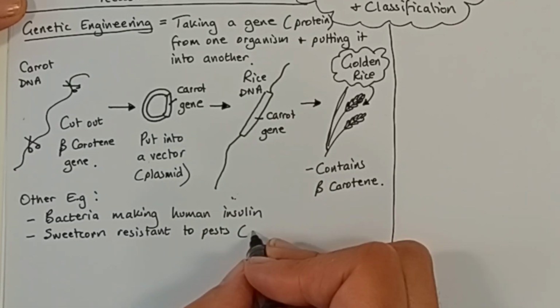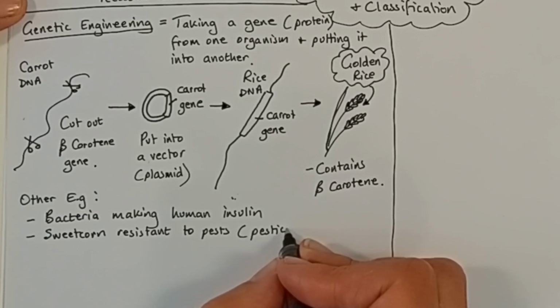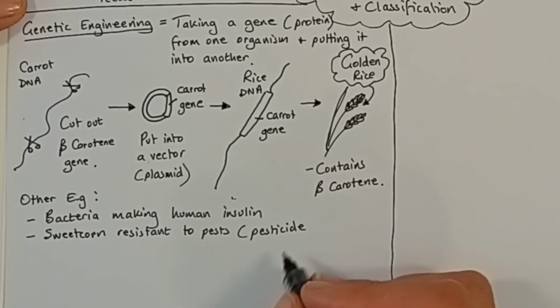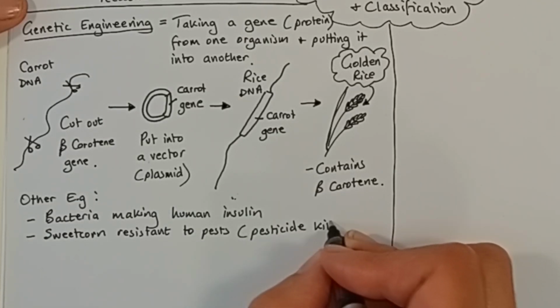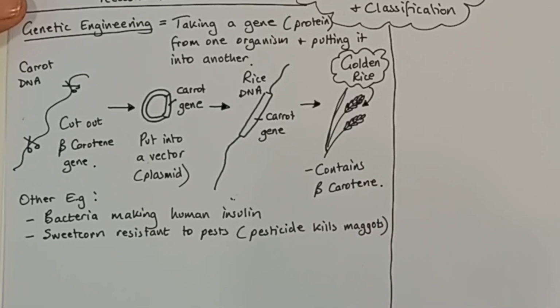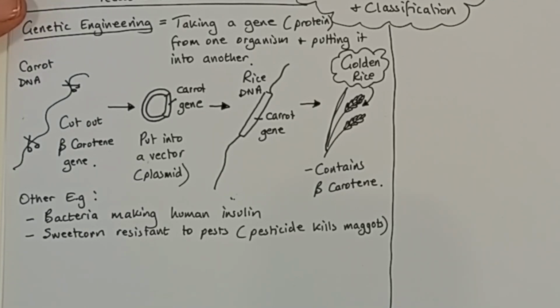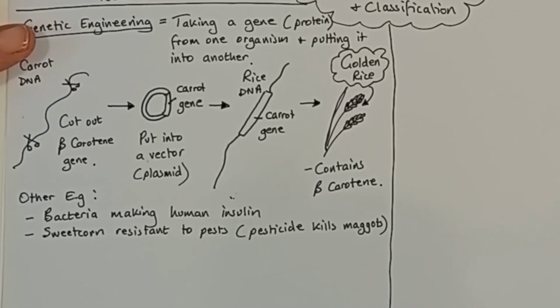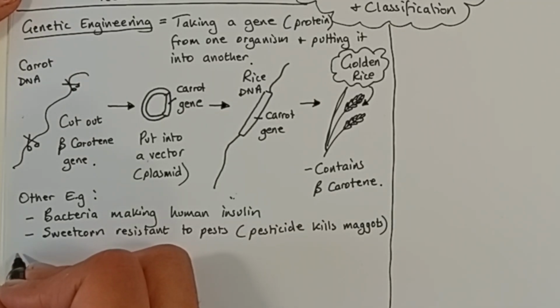In this case, it contains a pesticide actually inside the cells that kills the maggots. Now that pesticide is at such a low level, it's dangerous to the maggots because they're so small, but it's harmless to humans.